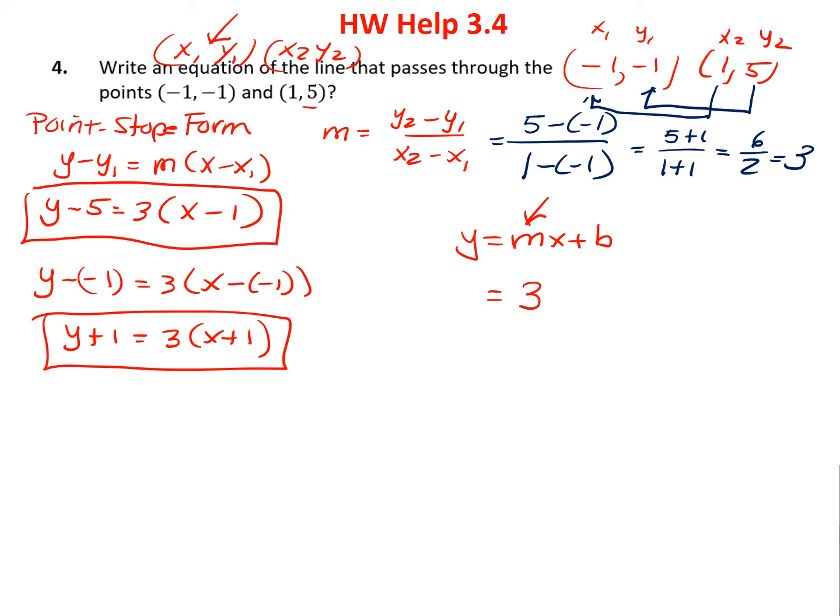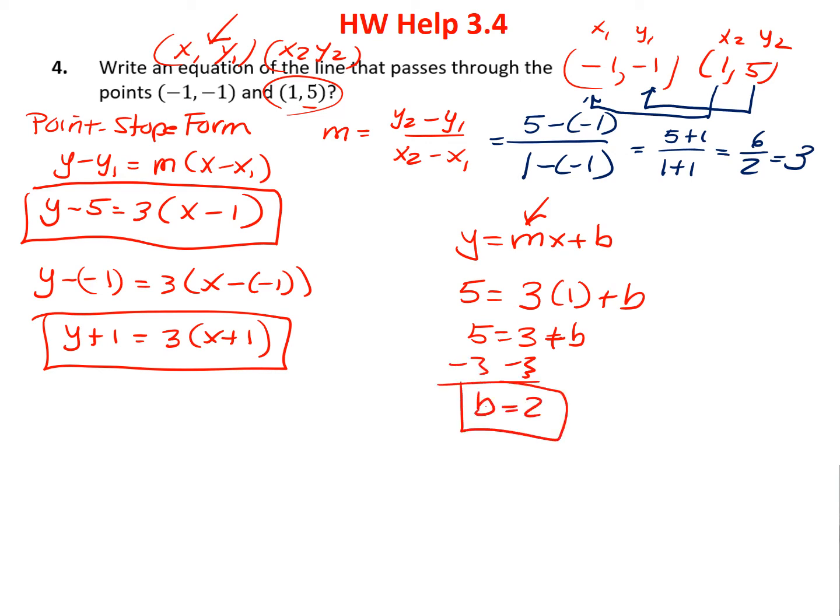For example, if I put in 5 for y, using this point here, equals 3 times the 1 plus b. I get 5 equals 3 plus b, subtract 3, and I get b equals 2. And then I could have written this equation, y equals 3x plus 2. That's another equation of the same line.